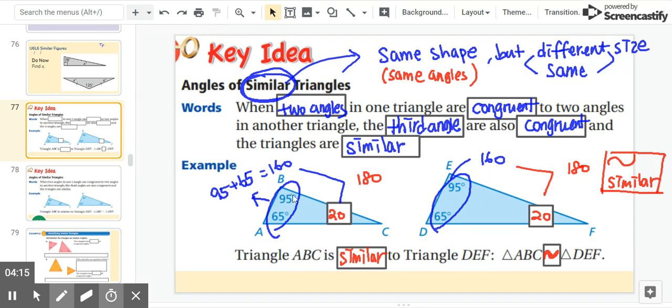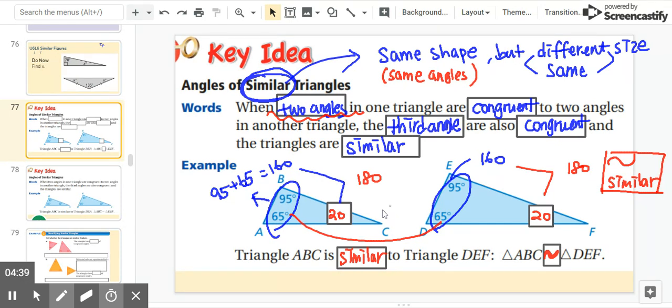Do we have to find all three angles to check if those shapes are similar in triangle? In triangles, we only need to check how many? Two angles. If two angles are congruent, the third one is automatically the same. So we don't need to check the third one.